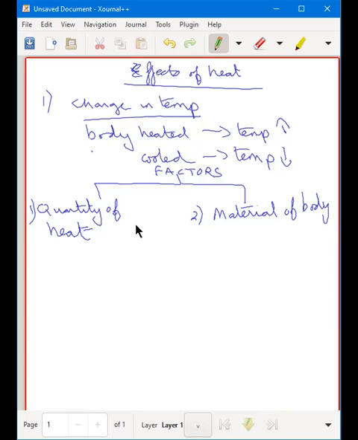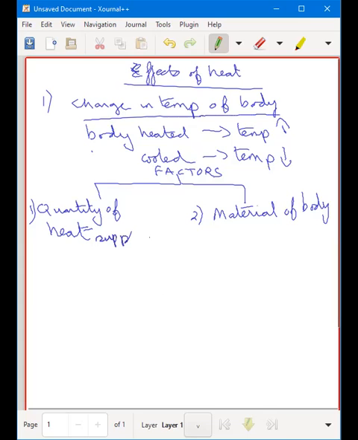Please copy this down. That is the first one, changes in temperature, effects of heat. The first change is that it changes the temperature of the body. And how is it? It's directly proportional. And the factors which affect the changes in temperature are basically two: quantity of heat supplied, or you can even say rejected or taken away, because we have to work on both, heating and cooling, and material of the body.